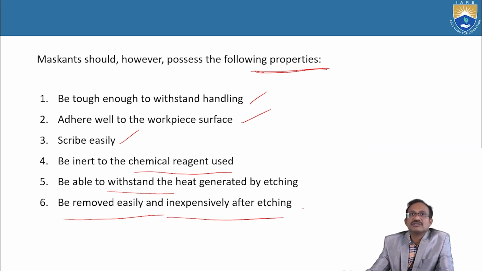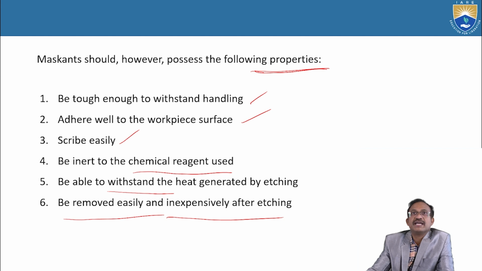After the etching process, we should be able to remove the maskant very easily without damaging the workpiece or deteriorating the very minute corners of the workpiece surface. So these are the properties which the maskant should have. Once again, let me reiterate quickly.